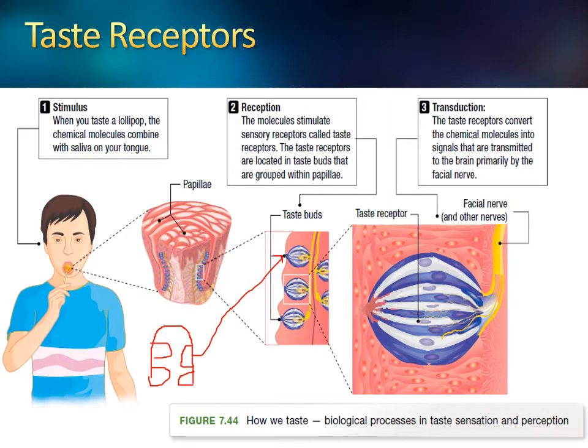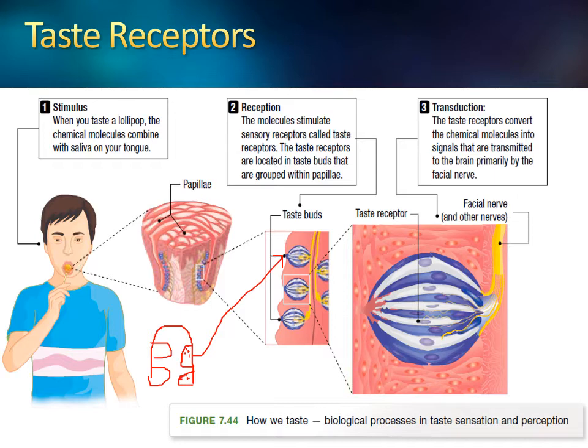So it's not the top here, it's on the sides. These taste receptors are located in the taste buds. So in here, we have the taste buds that are on the papillae. This is the papillae, the little bumps.